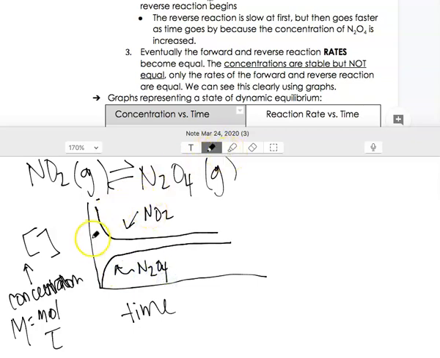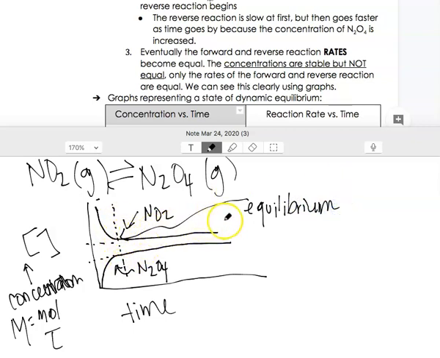If you look here, the concentrations are not the same, they're actually very different. But once it begins to stabilize, that point where the concentrations are stabilized, we call this equilibrium. Equilibrium starts right here.